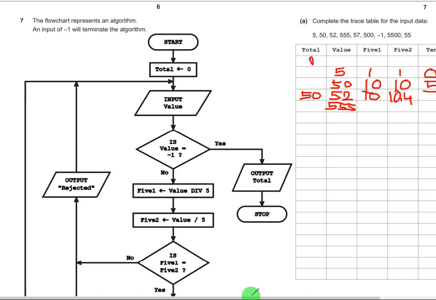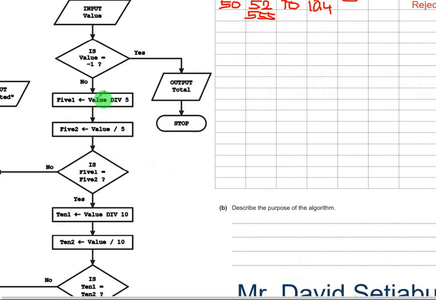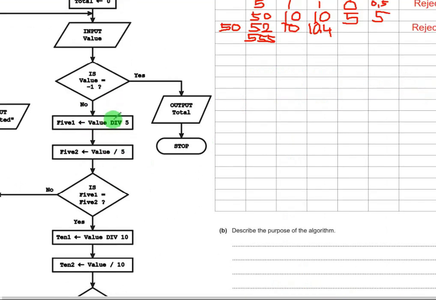What is 555 div 5? It is 111. Rounded down, still 111. The regular 555 divided by 5 is totally 111. Okay, it doesn't change.